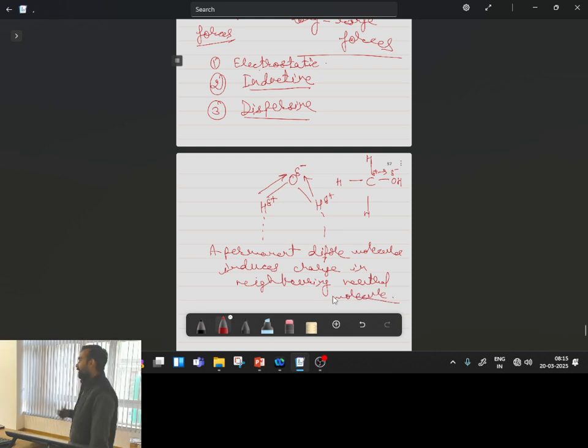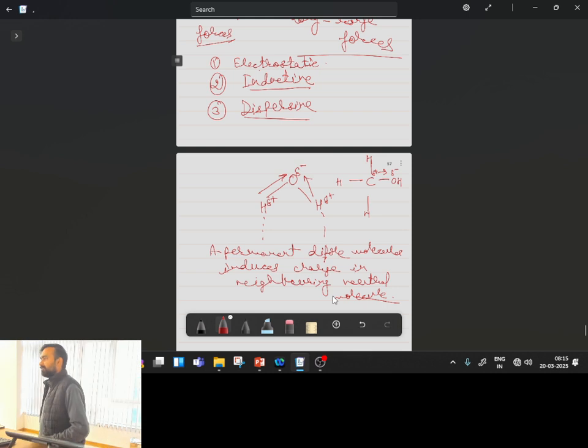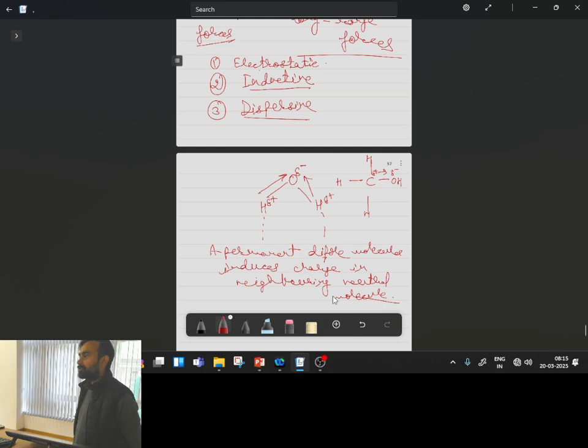If you have a permanently charged molecule, whenever it comes in close contact with a neighboring neutral molecule, some type of charge will be generated in that neutral molecule too, and that charge ultimately may lead to attractive and repulsive forces between the molecules. That effect is called the inductive effect.